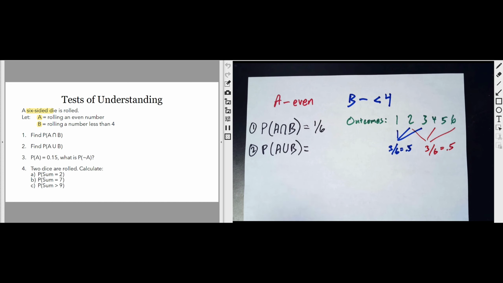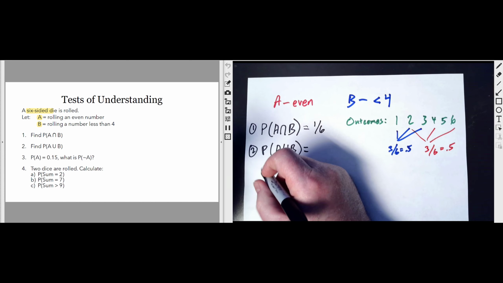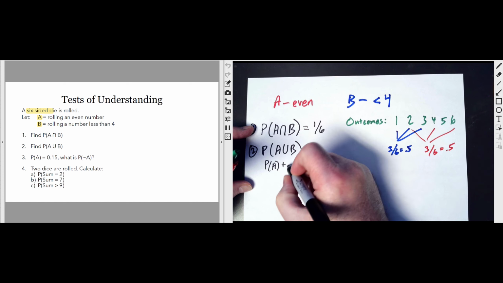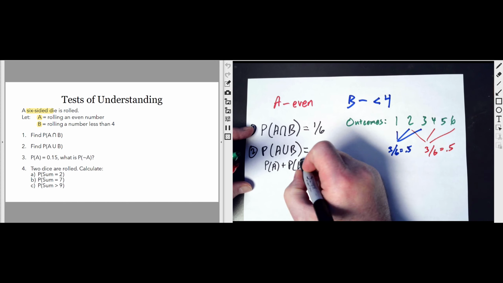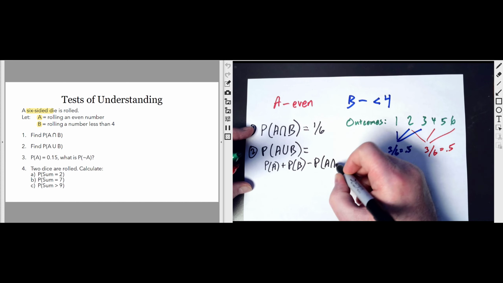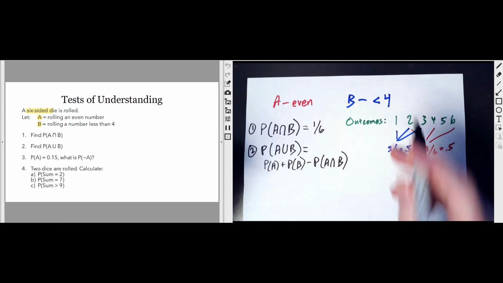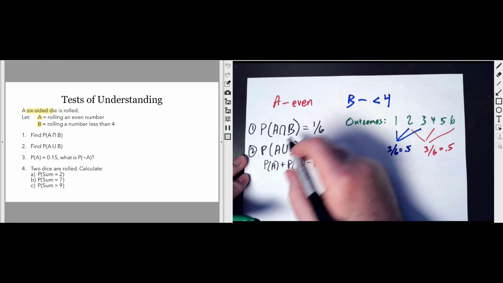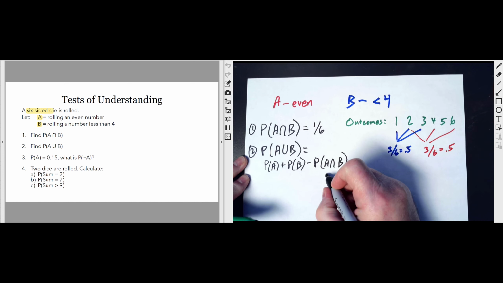And we have these numbers. So this is going to be the probability of A plus the probability of B minus the probability of A and B. And we have all these numbers. We know that the probability of A and B is 1/6.